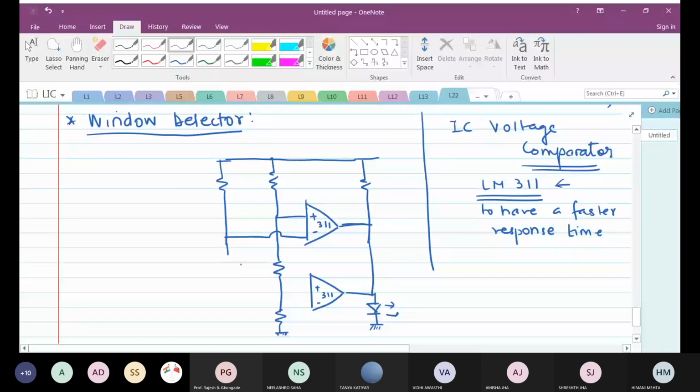Please look at it very carefully. And we have a Zener diode here.